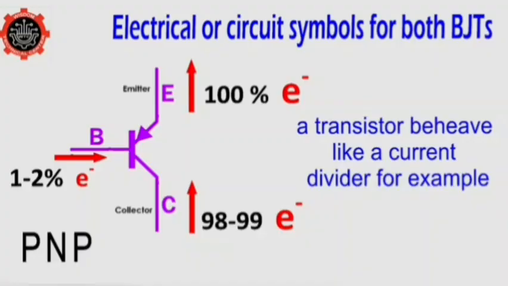Same deal, 100% of the electron current will flow through the emitter, and 98 to 99% through the collector, and the remaining 1 to 2% is going to flow through the base of the transistor.